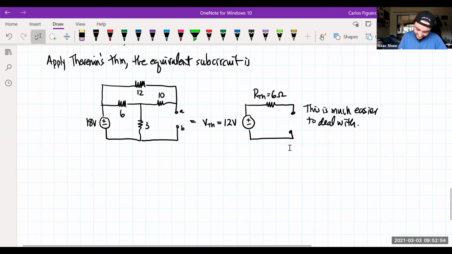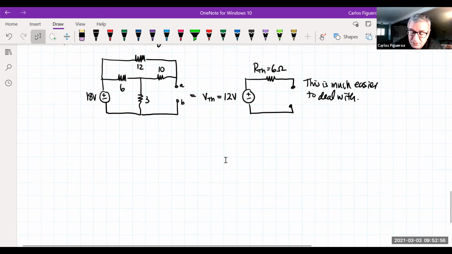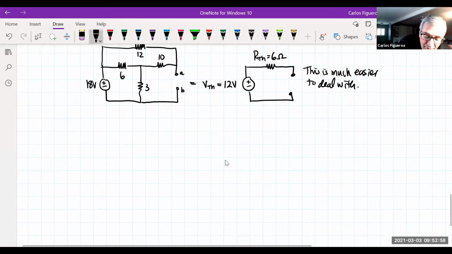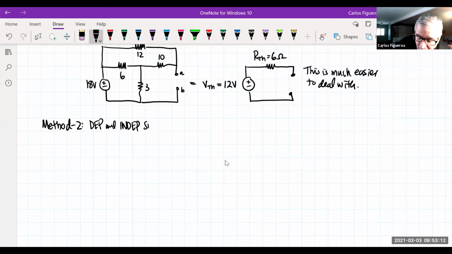So if I look at this thing here, now I'm going to go after method 2. This you apply to dependent and independent sources. And so to get RTH, it's now VOC divided by I short circuit.